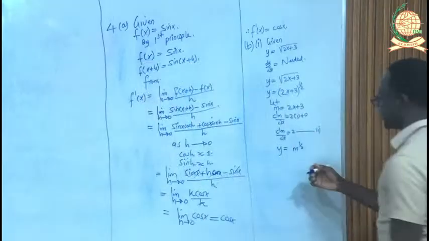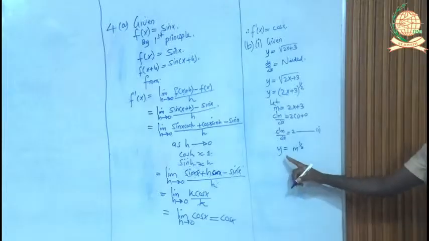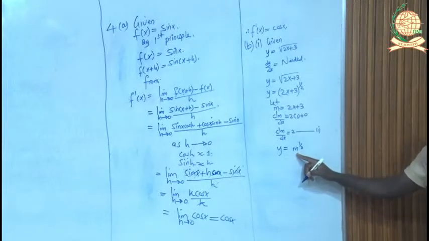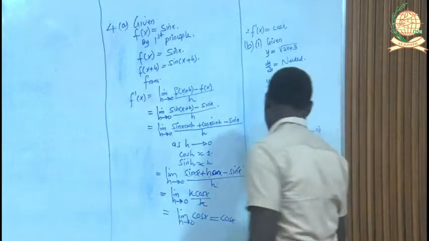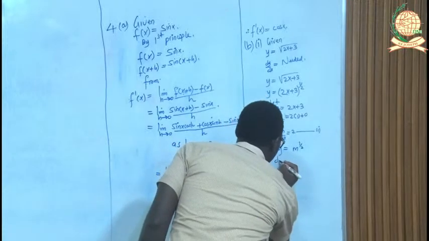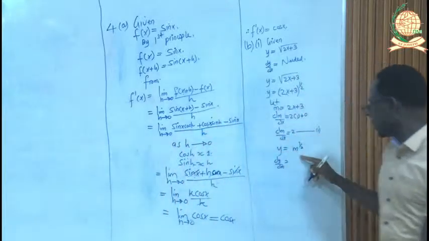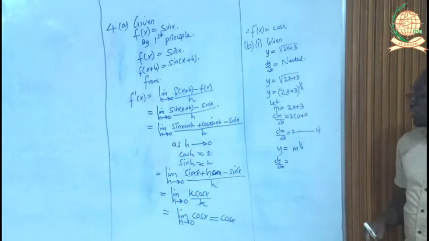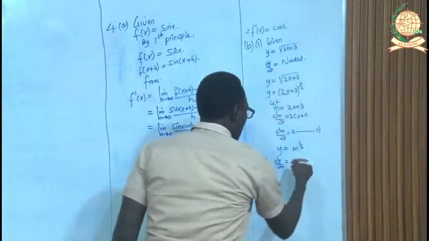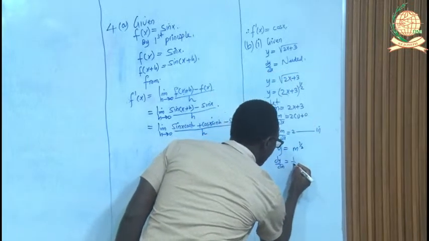Also, differentiate y with respect to m. Then you are going to have dy over dm. To differentiate a function of this form, first you drop the power, so we drop a half, it is a half.